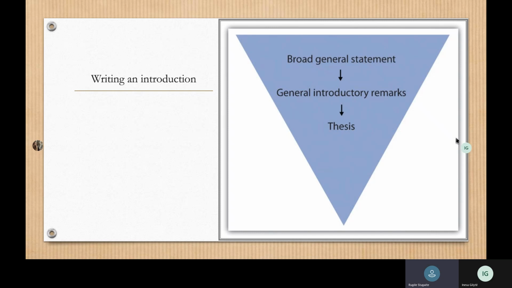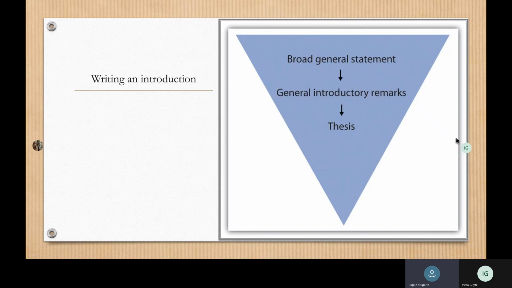While writing an introduction, it's good to keep in mind the funnel method. When you write an introduction, you have to start with a broad general statement that connects to the topic of the essay, and then you gradually narrow down the information.